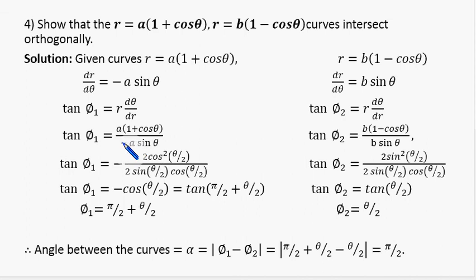By using the half angle formula, 1 plus cos theta can be written as 2 cos square of theta by 2, and sin theta can be written as 2 sin theta by 2 into cos theta by 2.